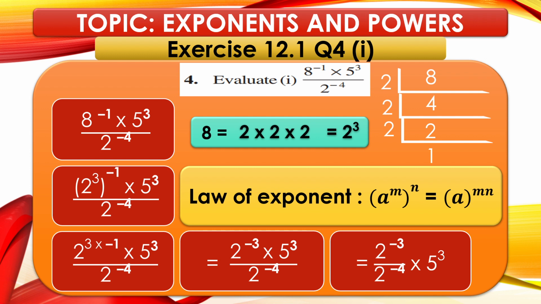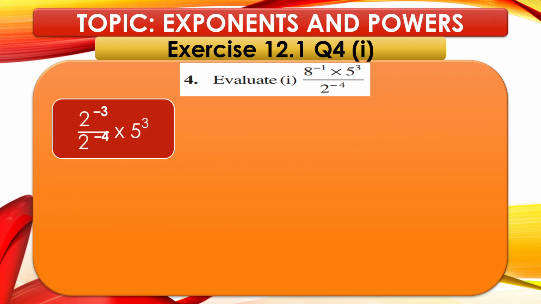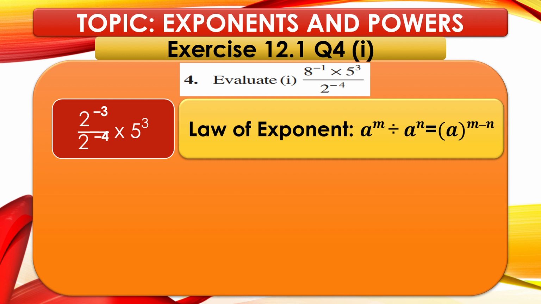2 to the power of minus 3 divided by 2 to the power of minus 4 into 5 to the power of 3. Again we can apply the next law, which says a to the power of m divided by a to the power of n is equal to a to the power of m minus n.